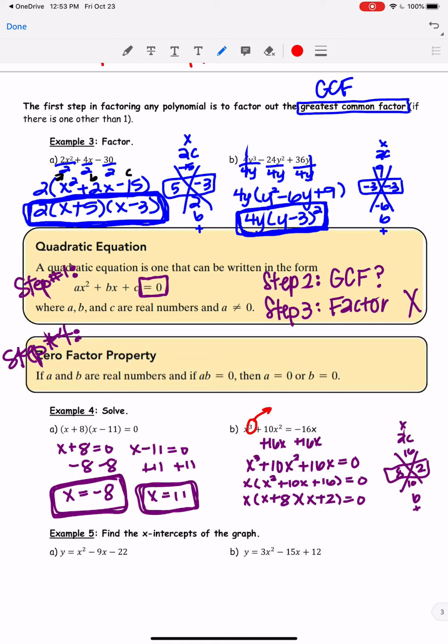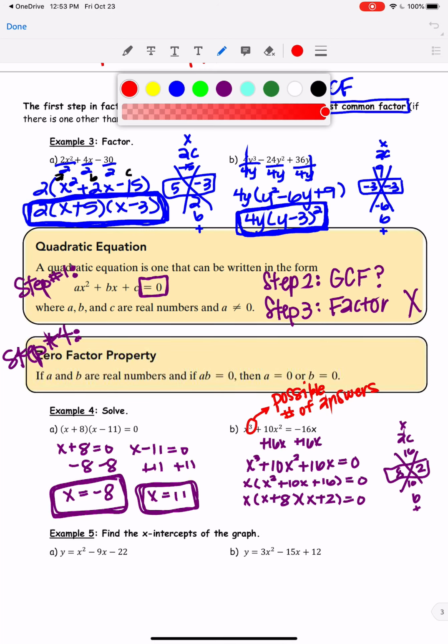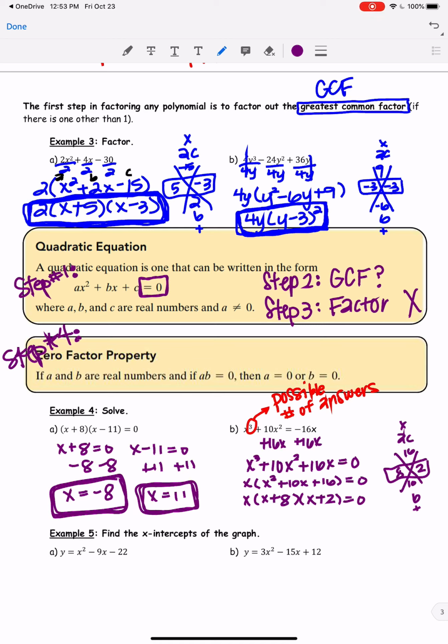But what this exponent does tell me is the possible number of answers I have. You'll learn more about this in your pre-calc class, but that tells me the number of possible answers I have. And in this one, we actually do have 3.